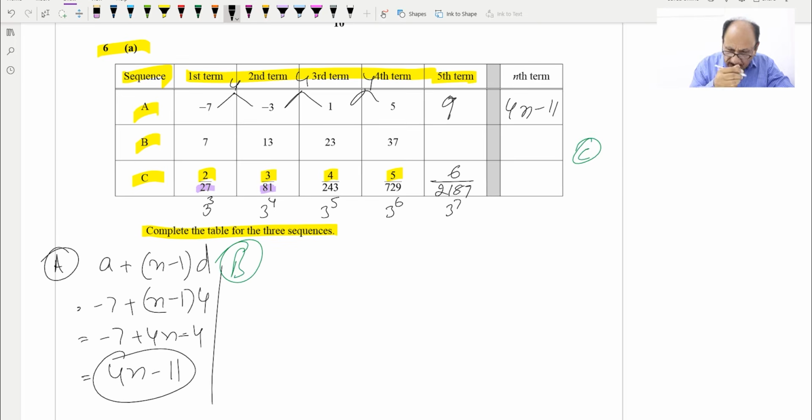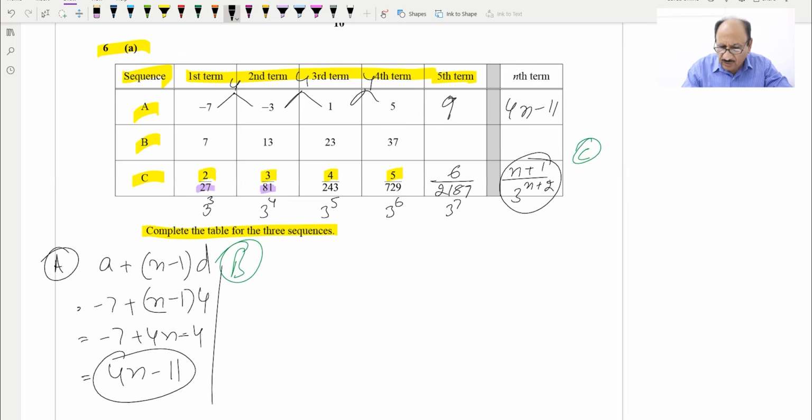2187, this will be the fifth term, and the formula will be what? We are getting n plus 1 as the numerator, and the denominator will be 3 raised to the power n plus 2. So this is the formula which we got for C, and hopefully you understand this.